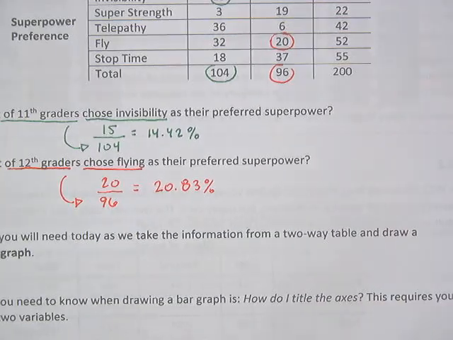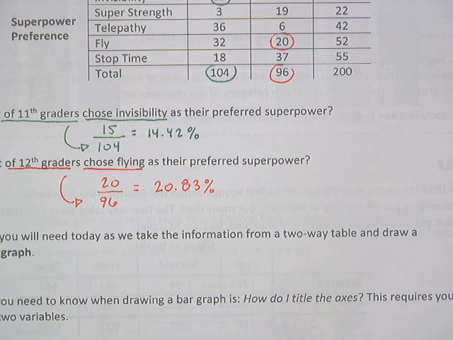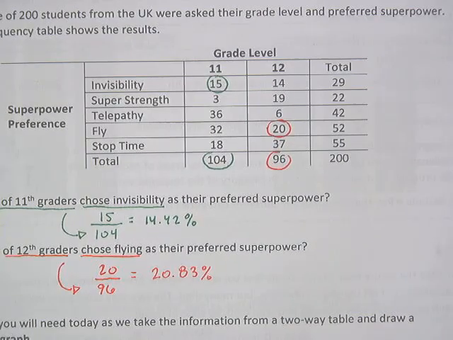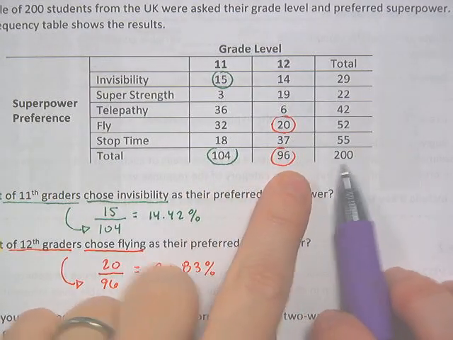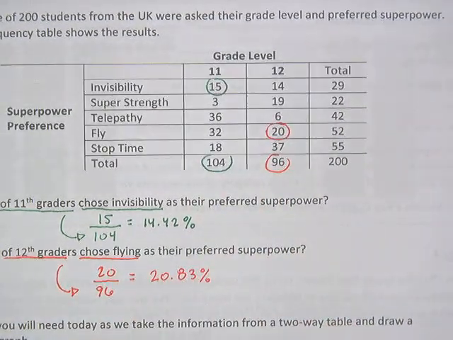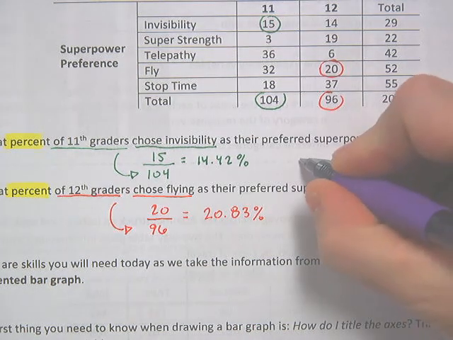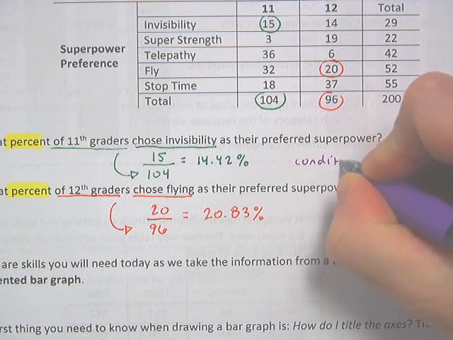Do we remember which type that is? It's conditional. What is marginal again? If both of the numbers in the fraction come from the edges or the margins, good. And how are you going to know really fast that your word problem is a joint relative frequency? It's got the word and. Very good.